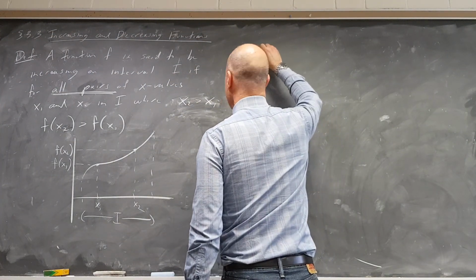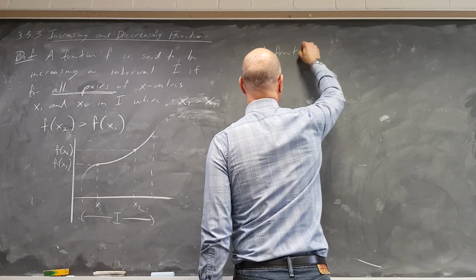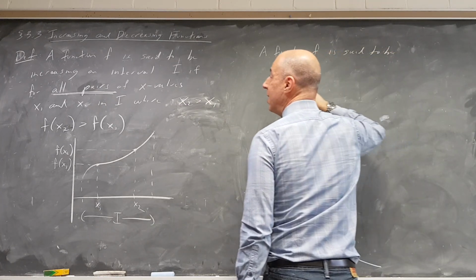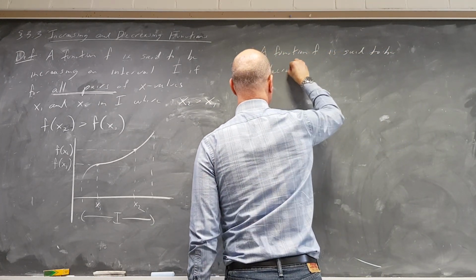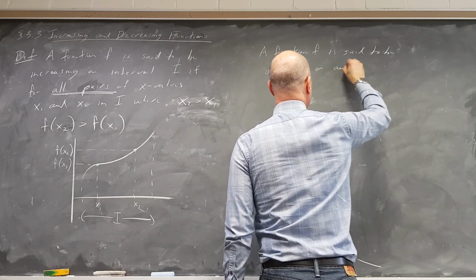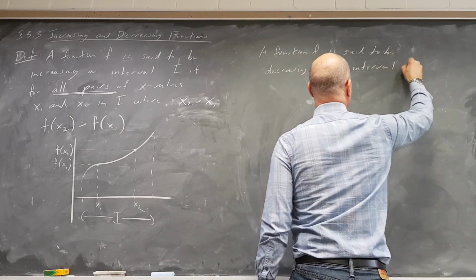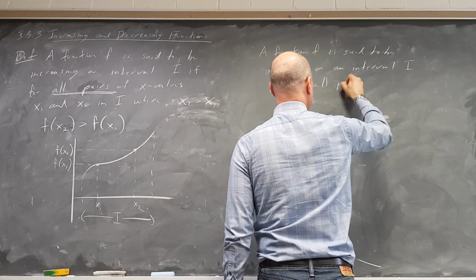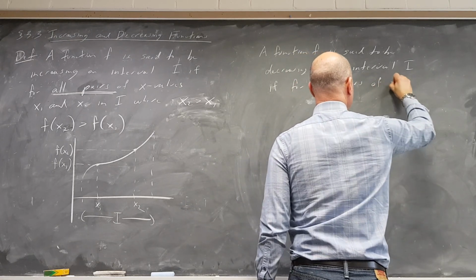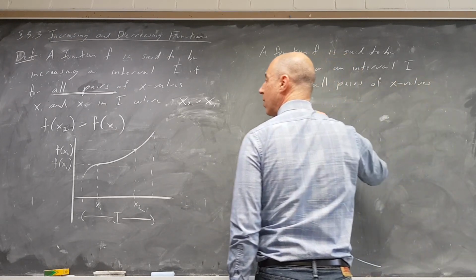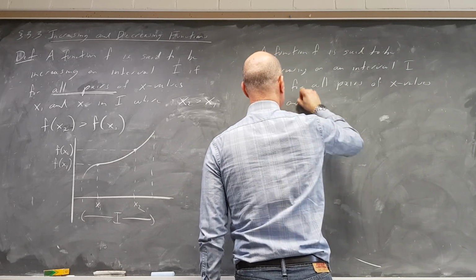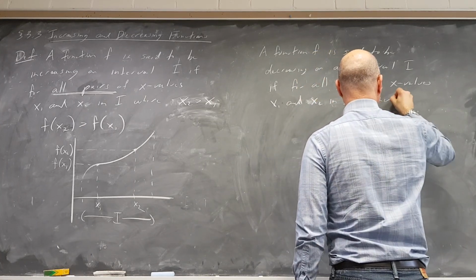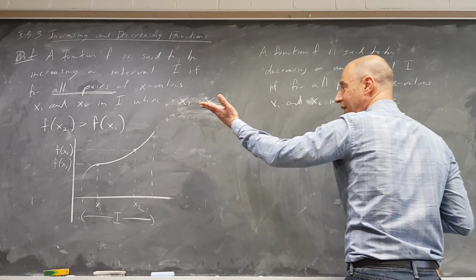And let's do another part of this. A function f is said to be decreasing on an interval I if for all pairs of x values, x1 and x2 in I, where, again, I could write x1 is less than x2 or x2 is greater than x1.